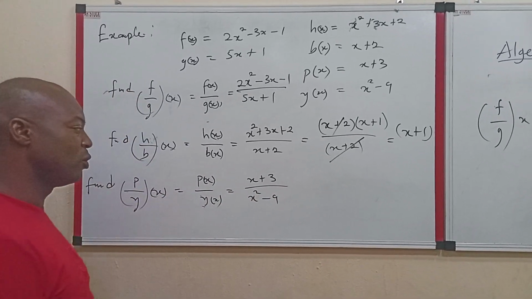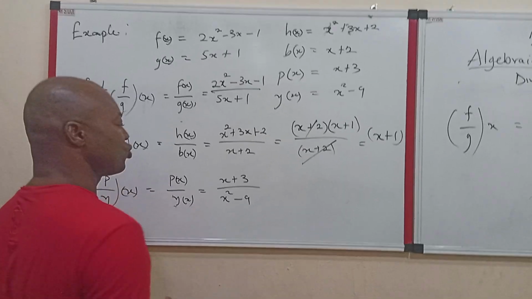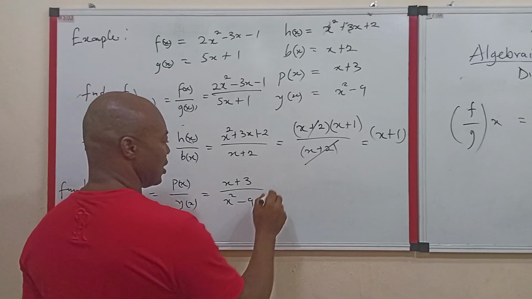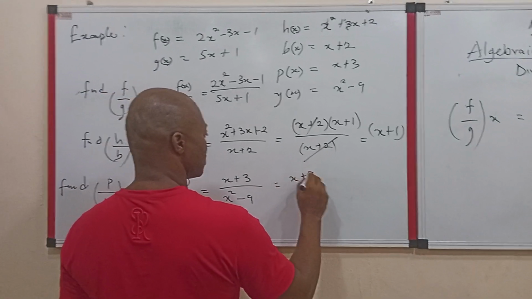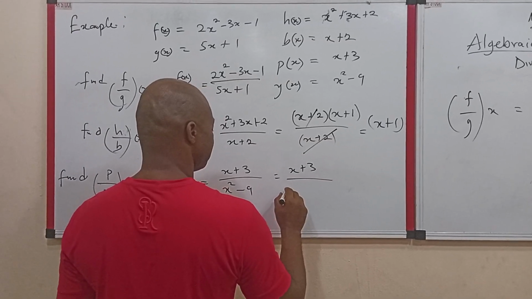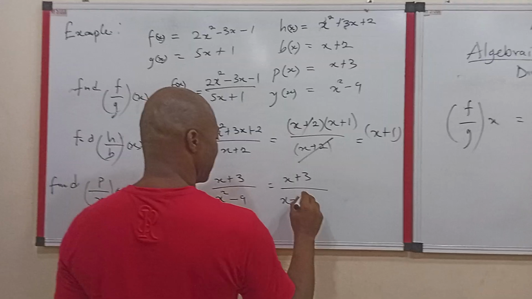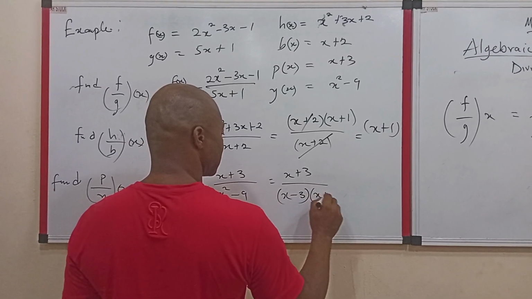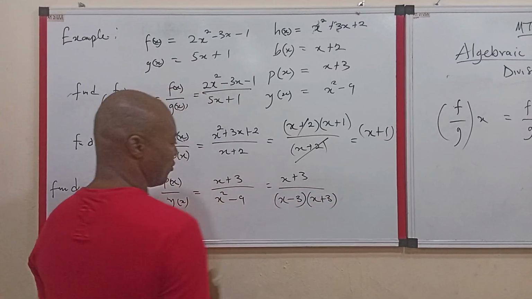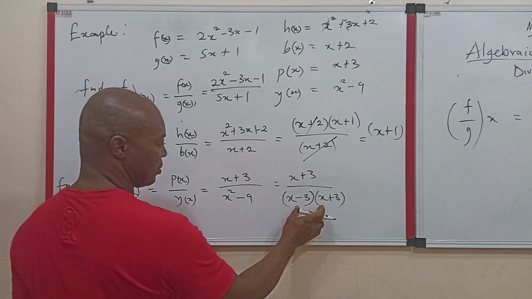In this case, if you look at it, the denominator can also be further simplified as x plus 3 all over x minus 3 into x plus 3. That's what we have. This one is the same thing as this.